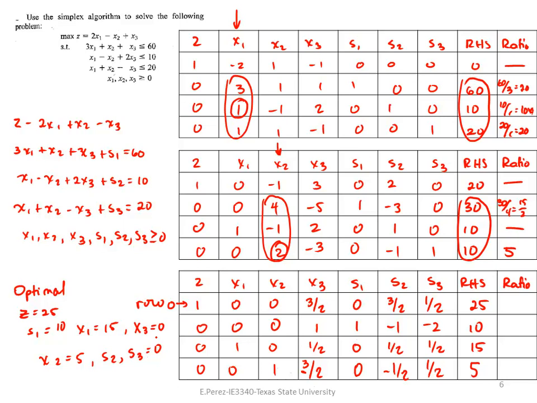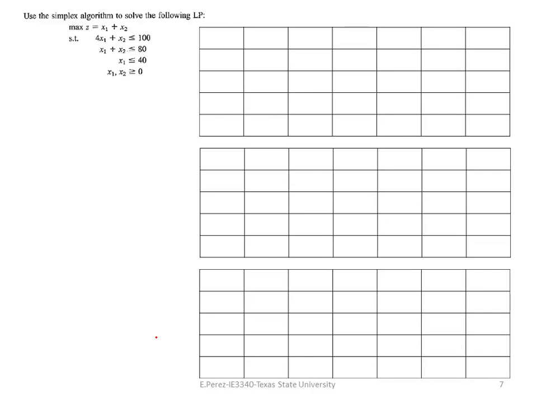Any other questions? Okay, so we have one more. So again, we perform the same steps. We start with changing the objective function to canonical form. So this is minus x1 minus x2. Then we find the standard format for the constraints.